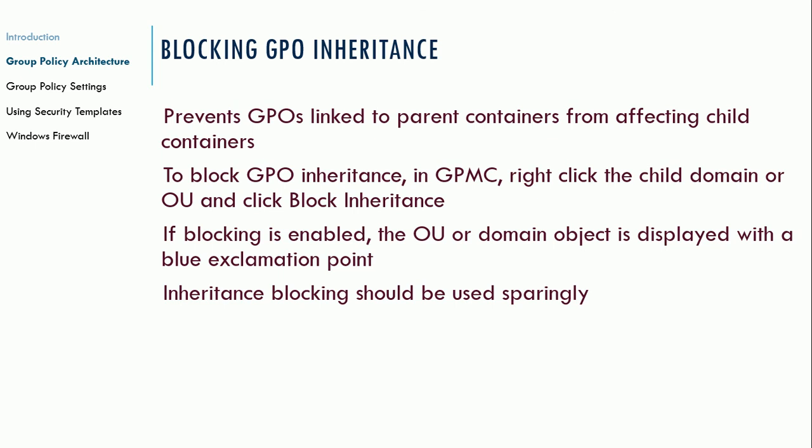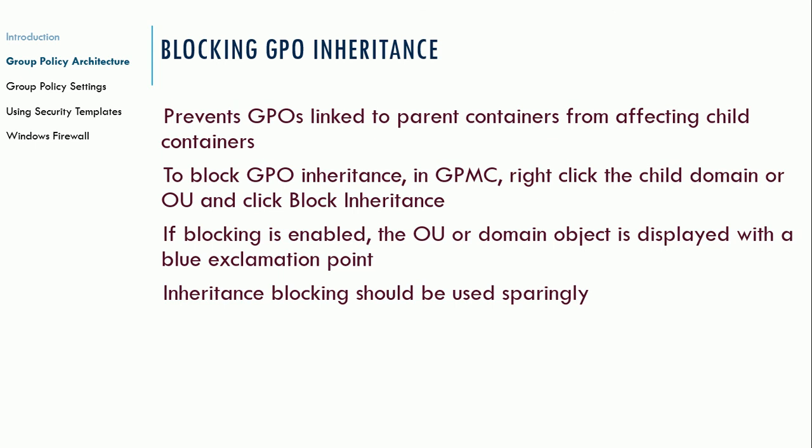With blocking GPO inheritance, it prevents GPOs linked to parent containers from affecting children. So you would have to do that in the parent. In the parent, you can make sure that a setting does not get inherited by its children. So that's one way you could do this. It should be used sparingly because typically you want those settings to filter down to the children.